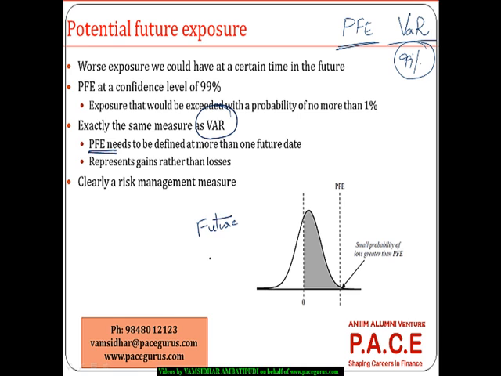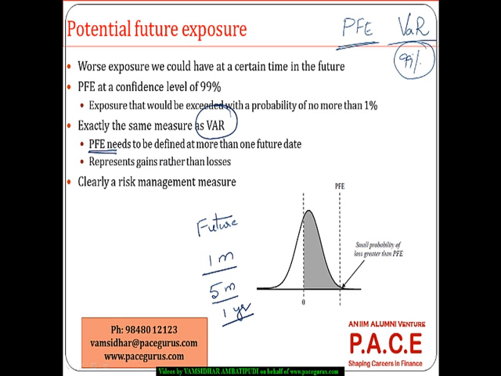Probably 1 month later, what is the PFE? 5 months later, what is the PFE? 1 year later, what could be the PFE? So for different time points in the future, I am trying to find out the PFE, whereas for VAR, I just need to find out at the current point in time.